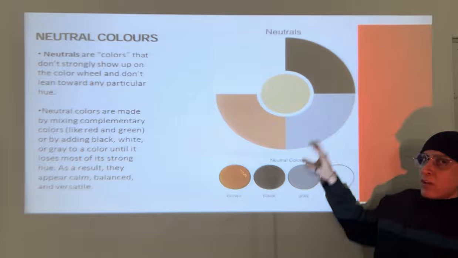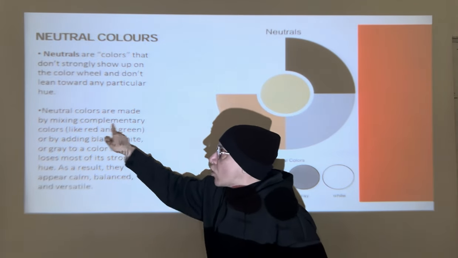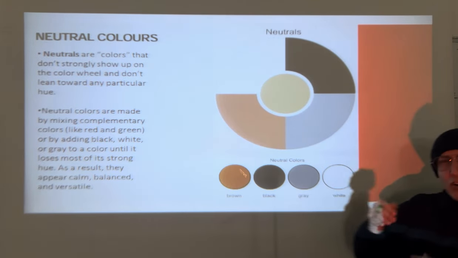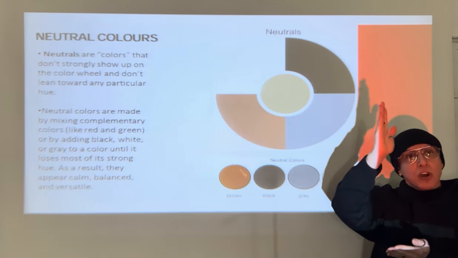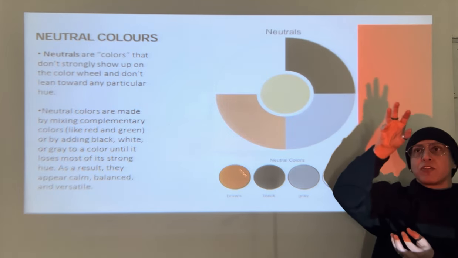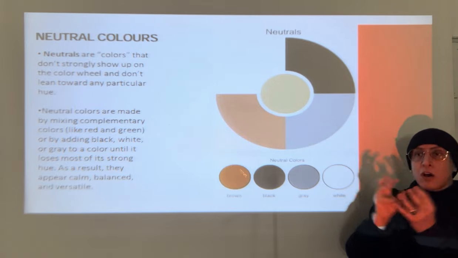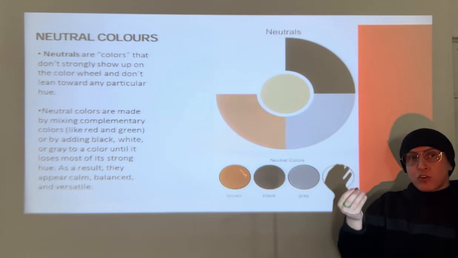So how are these colors created? They are created by mixing complementary colors, like red and green. What are complementary colors? On the color wheel, they are opposite to each other. So red here, for example, green will be the opposite. Any opposite color on the color wheel is called complementary.